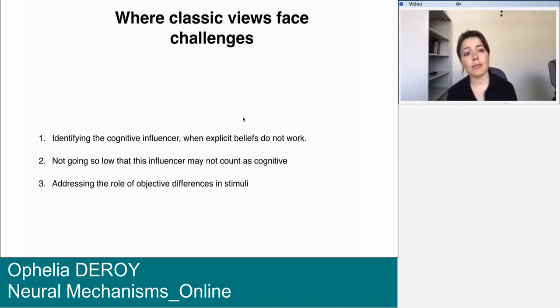So what you would have to grant to the perceiver in terms of explicit belief would be of the form: the more pronounced the African facial features, the darker the skin color is. And reciprocally, the more pronounced the European features of an individual are, the lighter the skin will be.